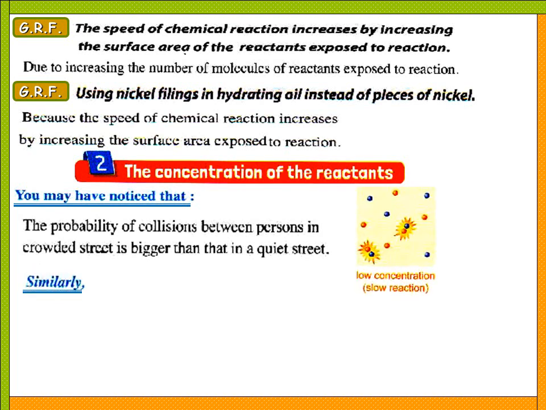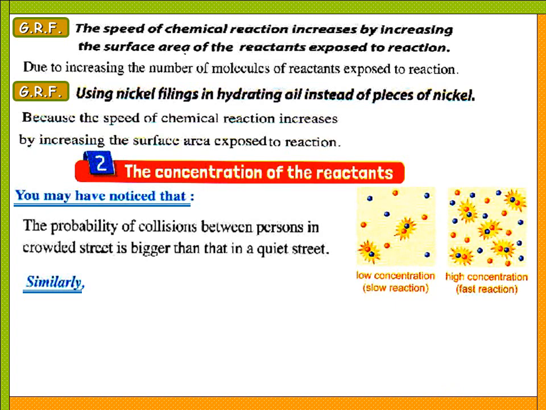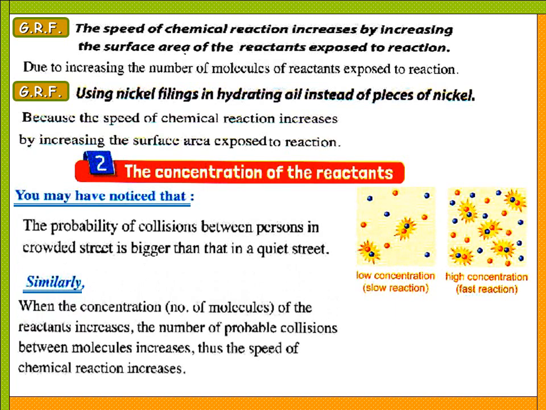So low concentration means slow reaction, and high concentration means fast reaction. When the concentration, or the number of molecules of reactant, increases, the number of probable collisions between the molecules increases, and thus the speed of reaction increases.